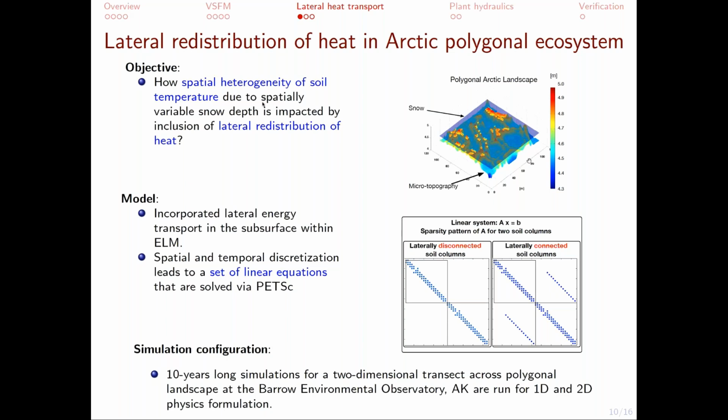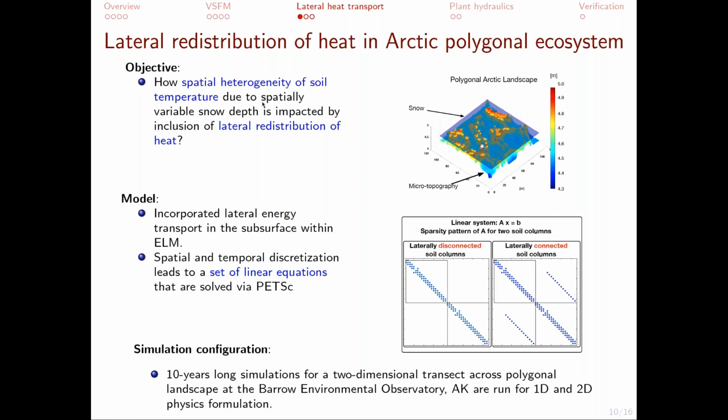What the image shows is a snapshot of snow cover over the microtopography, and you can see there are portions of the topography which are sort of jutting out, as they are not under snow.